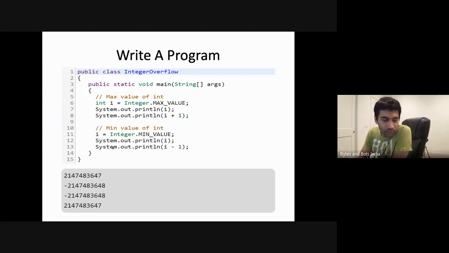So essentially only 31 bits are used for storing the number. The 32nd bit is used to store the sign. So if a number is negative, its 32nd bit will always be 1. When a number is positive, its last bit will always be 0.